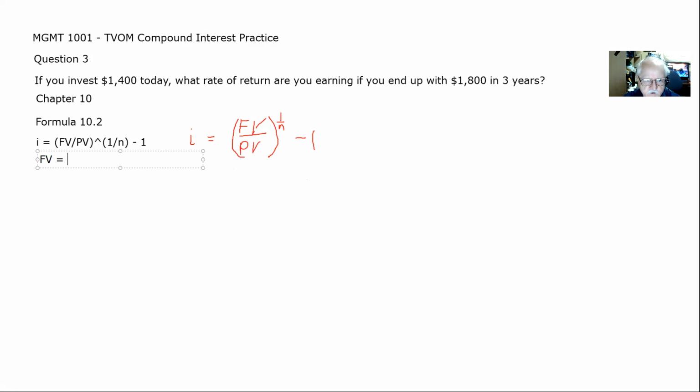Future value in this case equals 1800. Present value equals 1400. N equals 3. So when we plug them in here, what do we get?